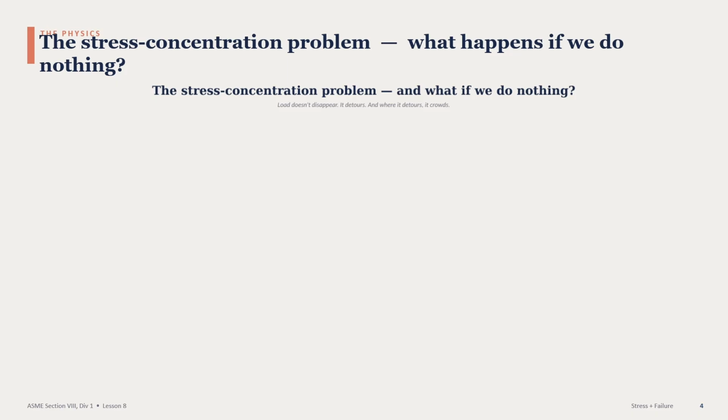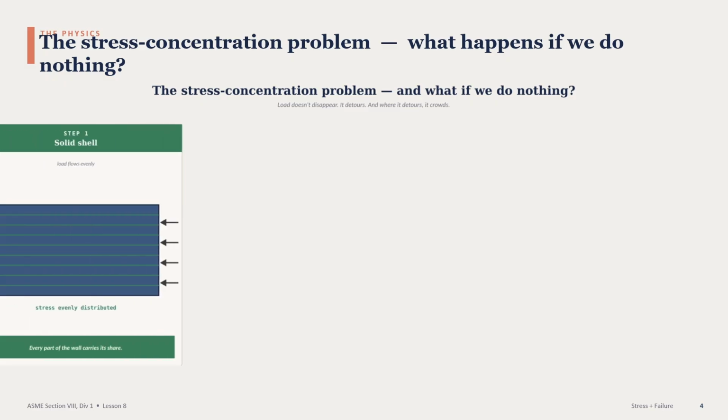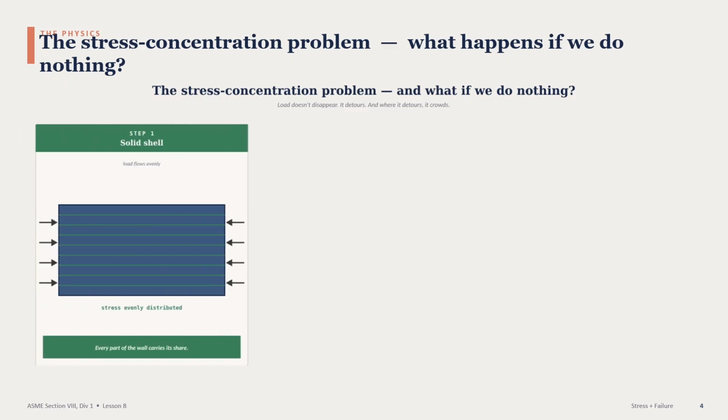So, let's ask a simple question. If we don't reinforce a hole, what actually happens? Start with a solid shell wall, no opening. Pressure inside pushes outward, creating tension in the wall. See these green lines?